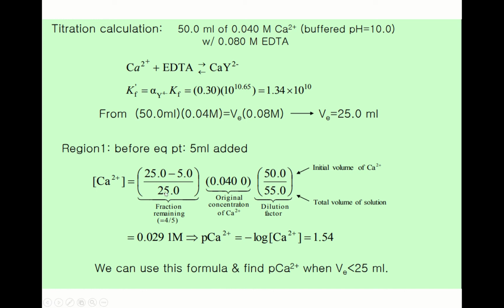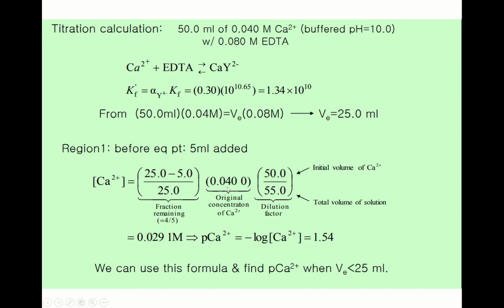This is the initial fraction, the remaining fraction, and the original concentration of calcium, and then this is the volume correction, the dilution factor. That way we calculated the free calcium ion concentration to be 0.0291 molar, so the pCa value is 1.54.